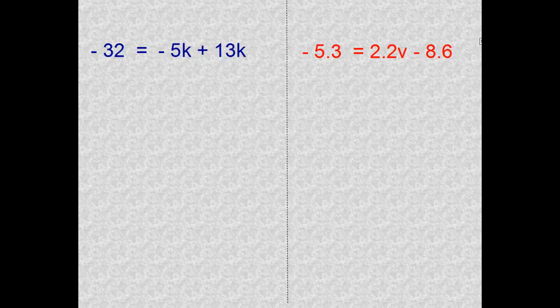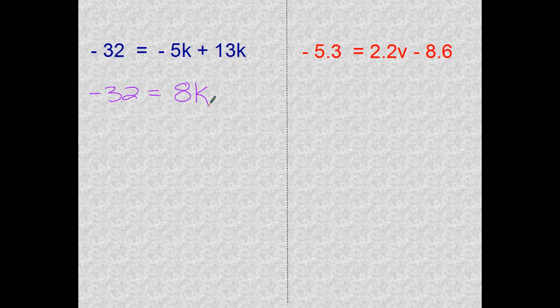Problem on the left, I have some like terms. I see that I have some k variables, and both of them have a different coefficient touching them. So we are able to combine like terms. We'll do that first. So -5k's added to 13k's give me +8k's.